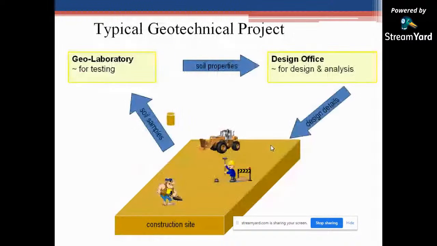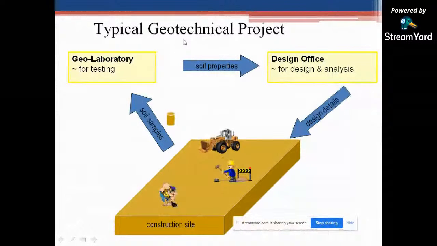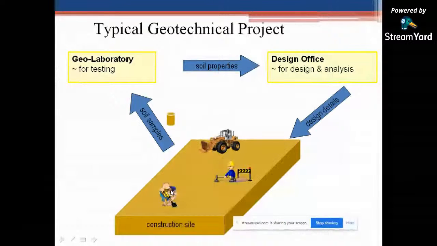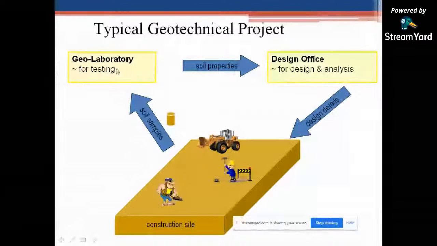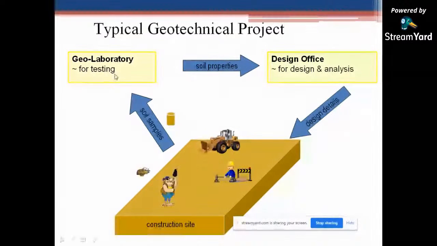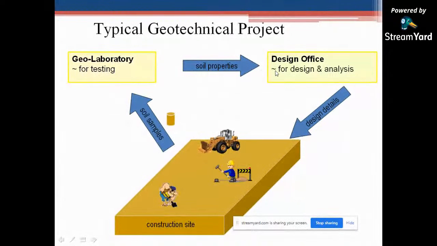Then what happens? Typical geotechnical project. Okay. So first what happens? First, you dig the soil, and soil samples are taken to the geotechnical laboratory for testing. Then some soil properties are obtained from this geotechnical laboratory. They are given to the design office for design analysis.